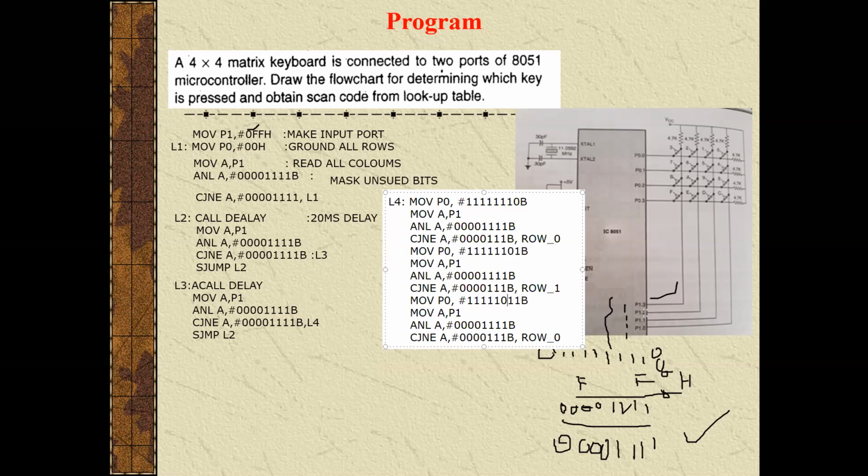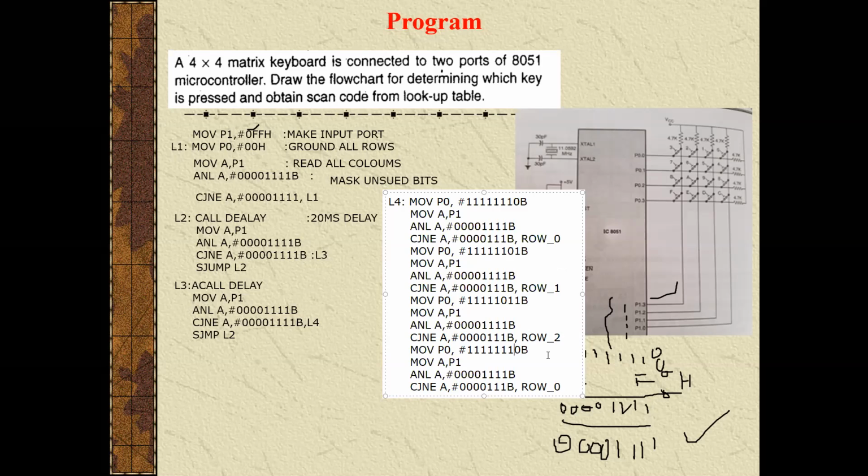We load the port 1 value into the accumulator and perform the AND operation with this data. The result is stored in A and we check whether both are the same or not. If the same, there is no key pressed at this row. If not the same, some key is pressed at this row, so it will jump to this label. Otherwise, it will perform the same operation here.